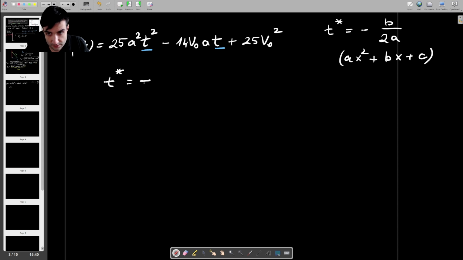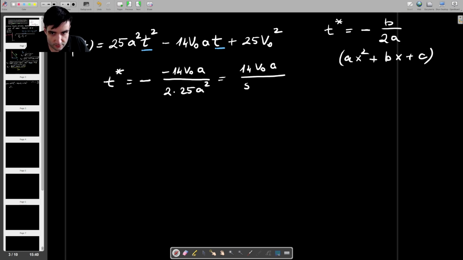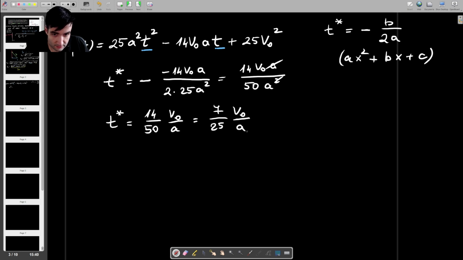So this will be minus b, which is minus 14 v0a, and on the bottom we have 2 times 25a squared. This is 14 v0a over 50a squared, and we can cancel out an a, so we get that t star is 14 over 50 v0 by a, or we can say 7 over 25 v0 over a.